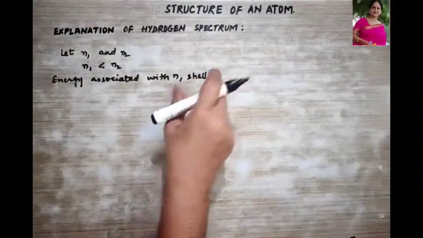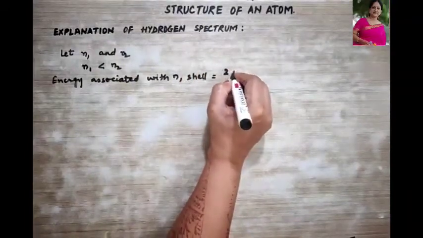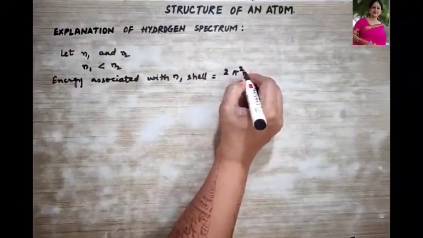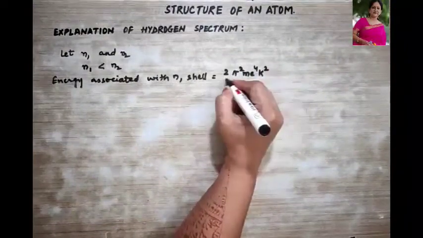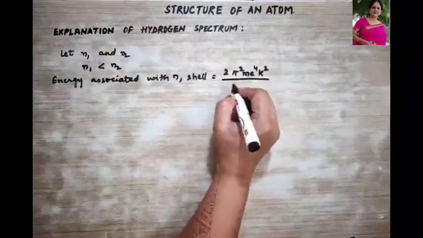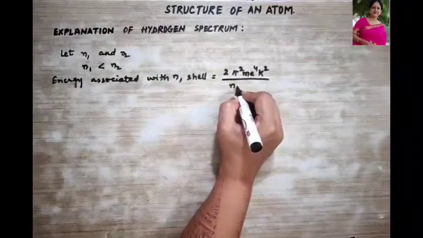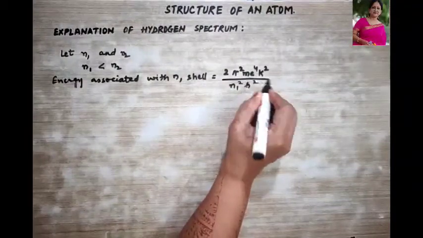This I had explained to you yesterday. The formula, if you remember, is 2 pi square m e4 k2, where k was the constant, if you remember, upon n1 square h square.